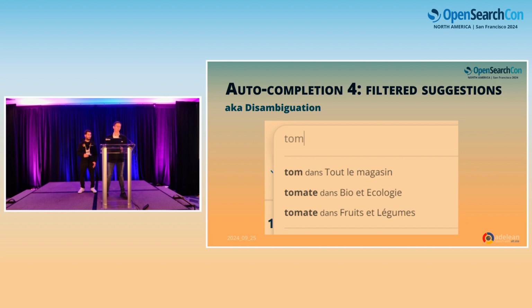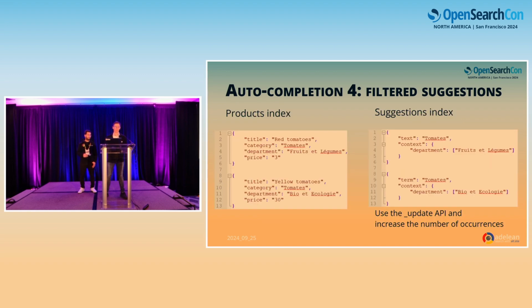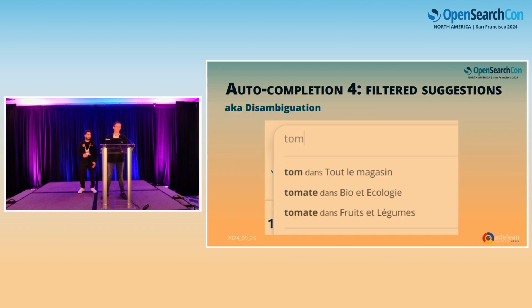And then, I said 3, but actually I have a 4th one, which is disambiguation in auto-completion. Again, OpenSearch doesn't provide that out of the box, but you can easily implement it like this. You have an update API that you can use to construct the dictionary for that, and you will just increase with the update API the number of occurrences, and then you get to this disambiguation stuff here.